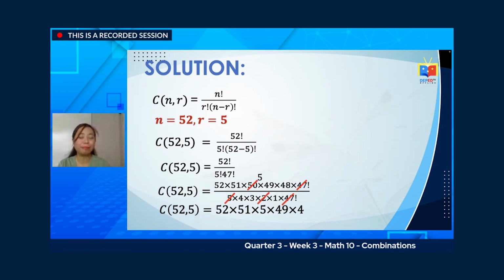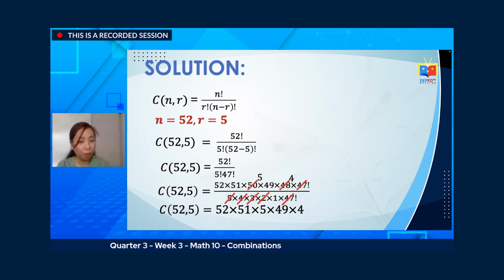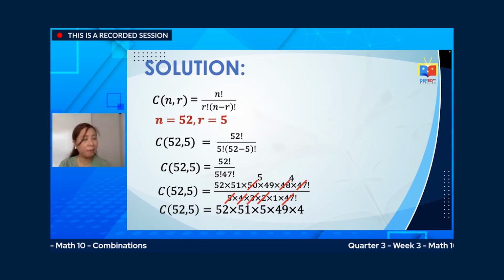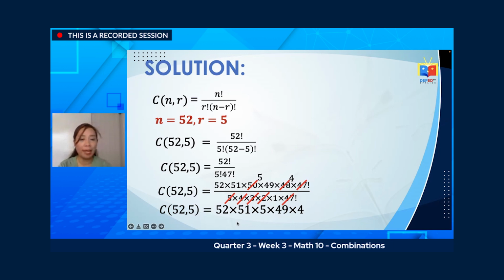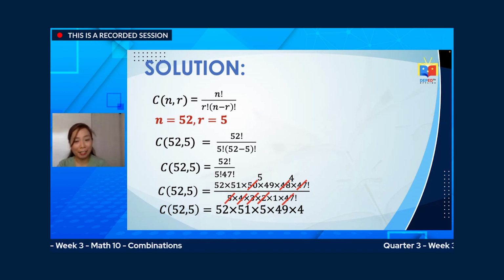What else? 48. If we divide 48 by 4, it's 12. And 12 divided by 3 is 4. So the numbers to multiply are 52, 51, 5, 49, and 4.